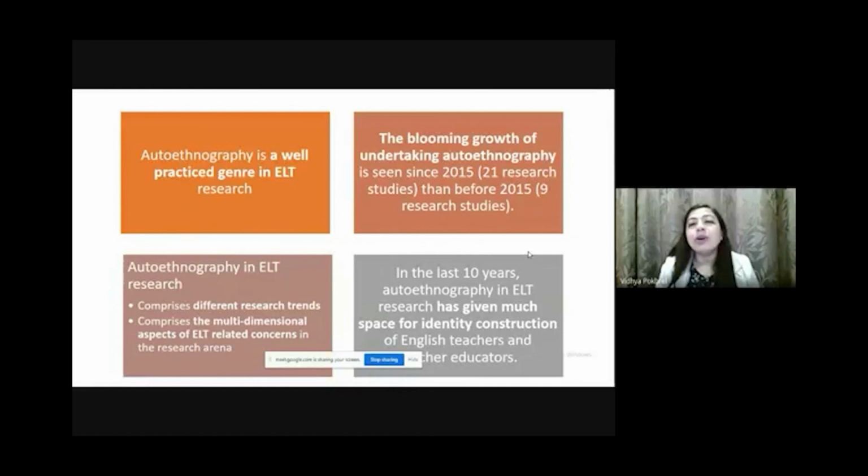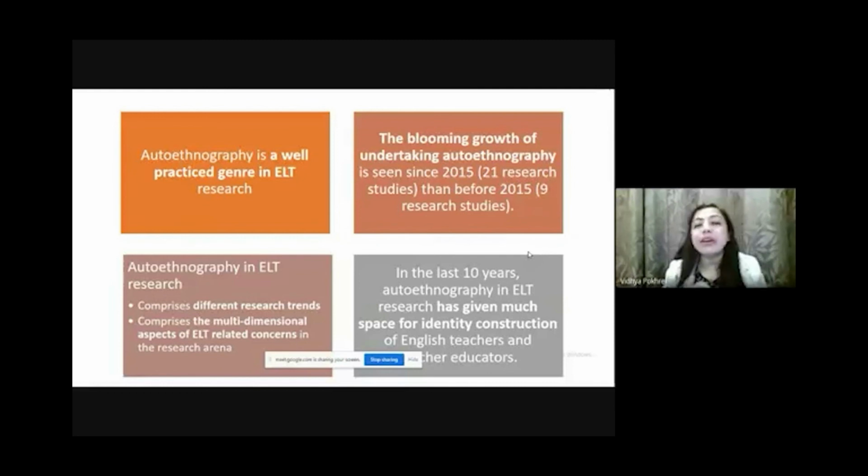And the blooming growth of undertaking autoethnography is seen since 2015, because out of 30, 21 of my research studies are towards those years. And before 2015, 9 research studies had been done, but I'm talking here about only my research studies. There might have been other studies as well, but out of these 30 studies, I categorized in this way.